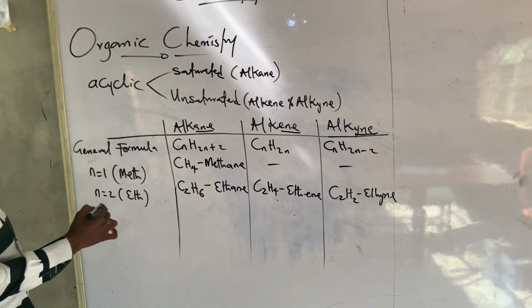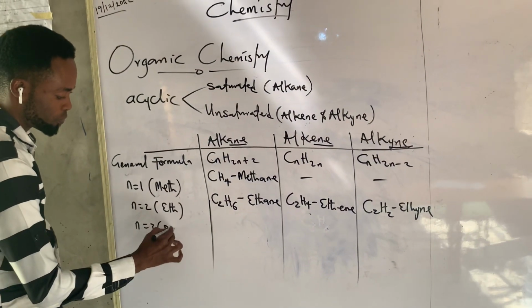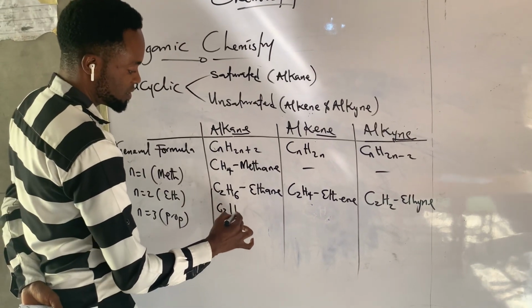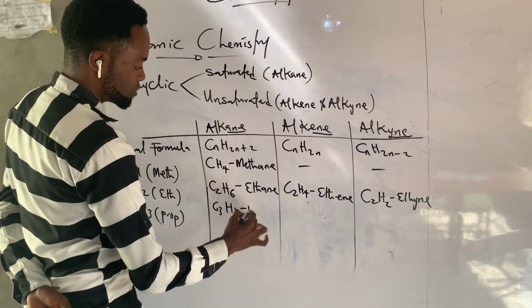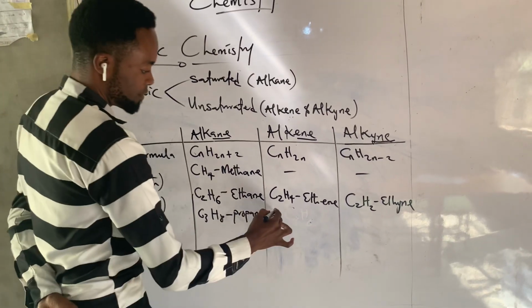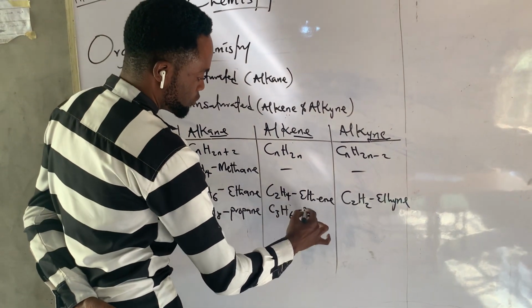Alright. Then when n is equal to 3, that is prop. So we have C3H8, that is propane. We have C3H6, that is propene.